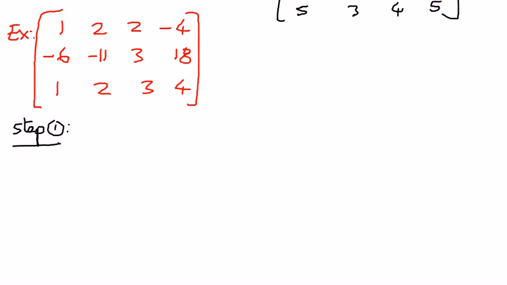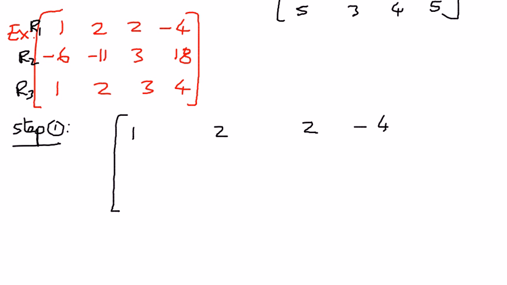So we'll write the first row as is, since this is row number 1, this is row 2, and this is row 3. We'll write the first row as is, 1, 2, 2, negative 4, and the second row we want to make it equal to 0.